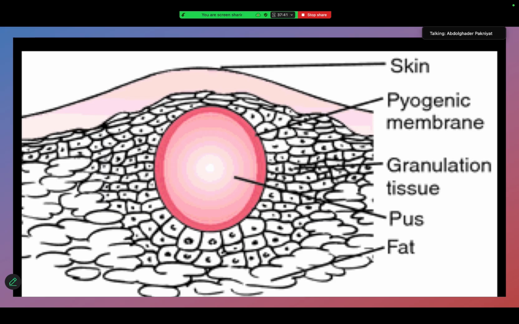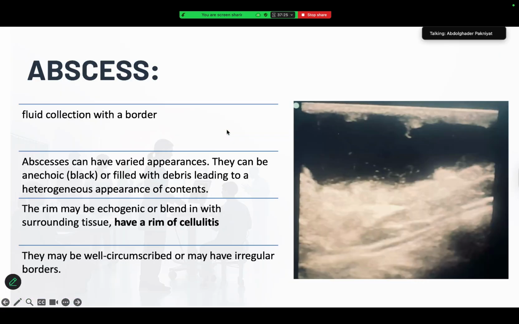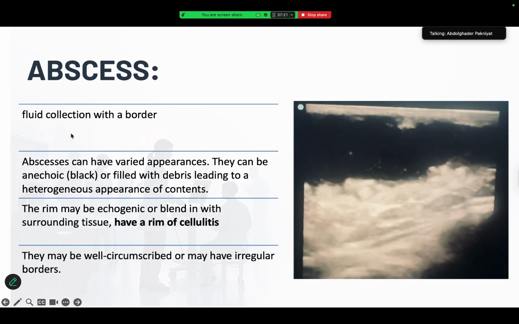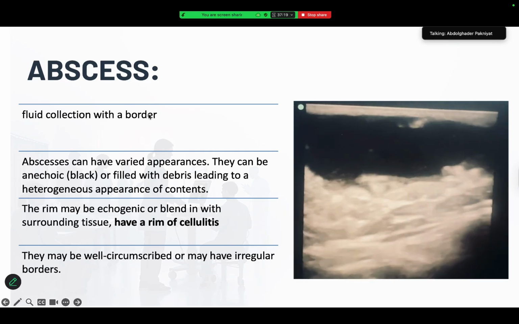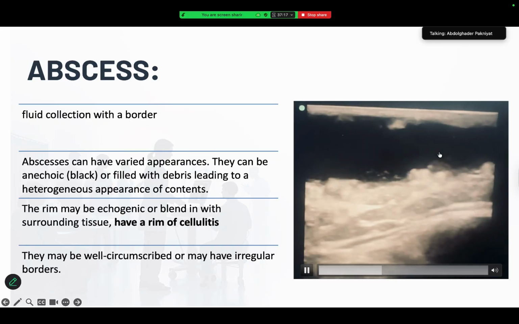In the abscess, we have fluid accumulation, pus accumulation under the skin, some granulation tissue around the abscess, and maybe a pyogenic membrane around it. So the abscess is a fluid collection with a border.